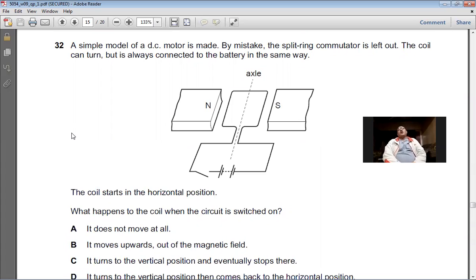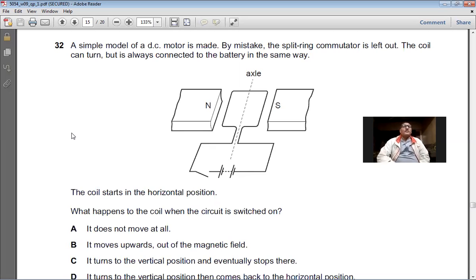A simple model of a DC motor is made. By mistake, the split ring commutator is left out. The coil can turn, but is always connected to the battery in the same way. The coil starts in the horizontal plane. What happens to the coil when the circuit is switched on?